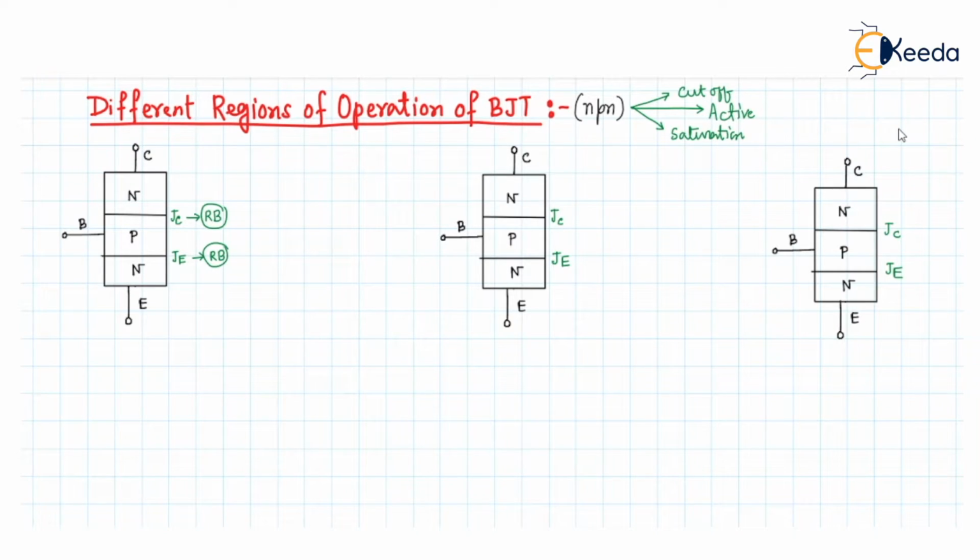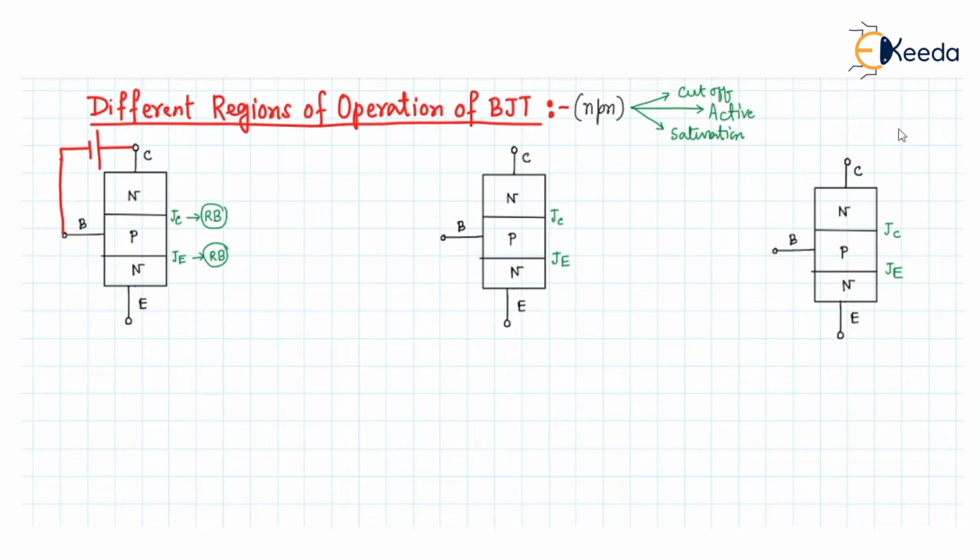For an NPN transistor, if we apply a negative potential at the base and a positive potential at the collector, then the JC junction will be reverse biased.